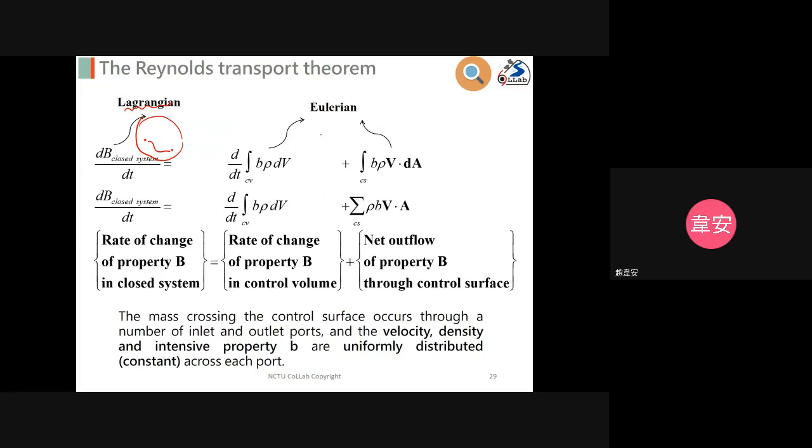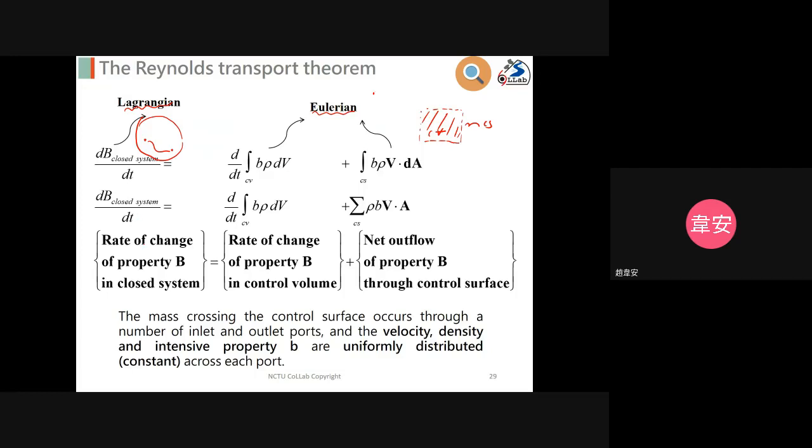And the right hand side is based on the Eulerian concept, because we define the control surface boundaries, and the inside is the control volume. Because we fix the control volume, it's a similar idea to the Eulerian concept. We fix one point, and we don't change the point. We just observe and see what happens at this point. So we fix the control volume.